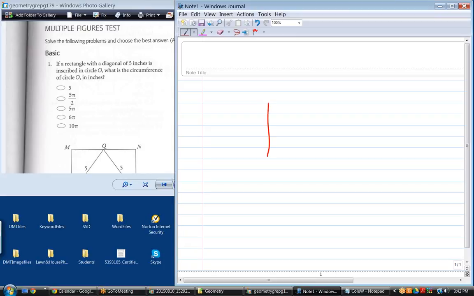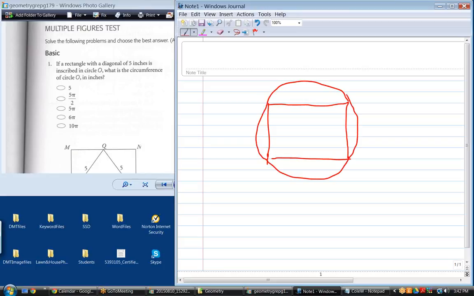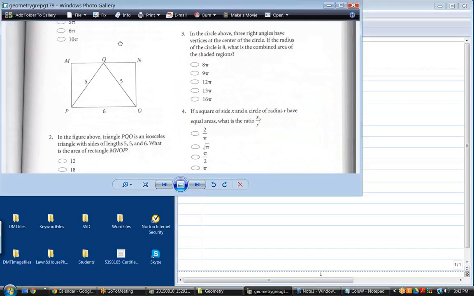They're talking about, there's the circle, there's the rectangle inscribed in the circle, and they're saying the diagonal of that thing is 5. So what's the circumference of the circle? 5 pi. Yeah.